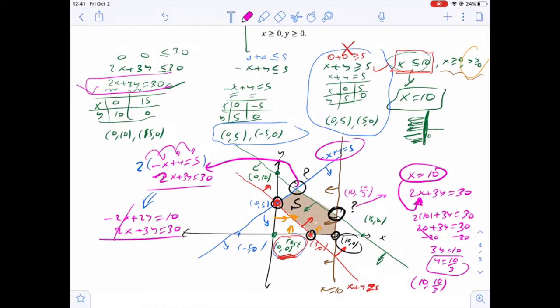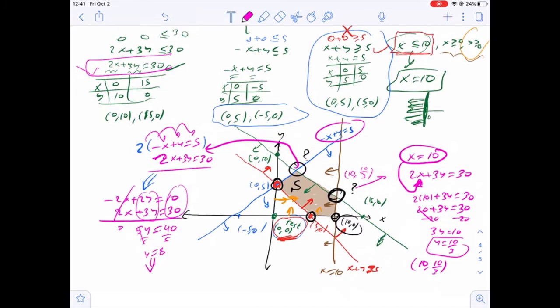Now we add them. We have negative 2x plus 2x is 0. 2y plus 3y is 5y. 10 plus 30 is 40. And then we divide both sides by 5. We get y is 8. Now how to find x? We can plug into the first equation.